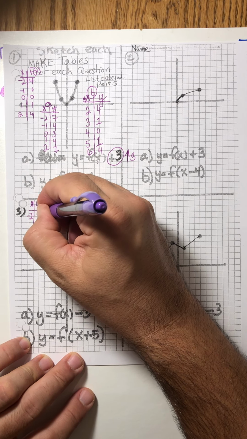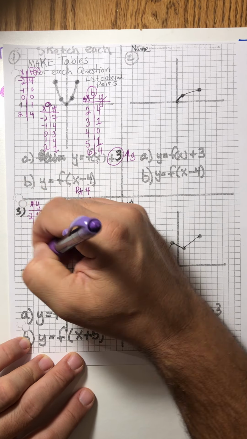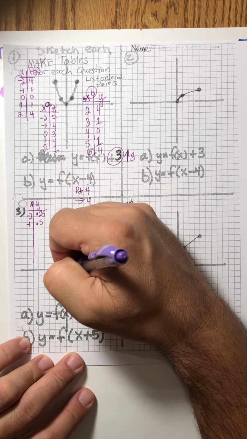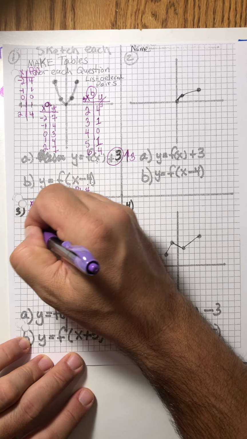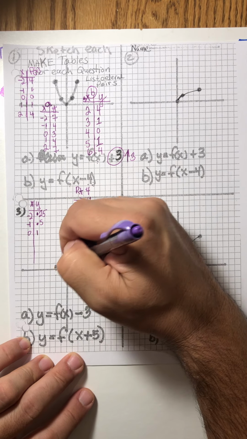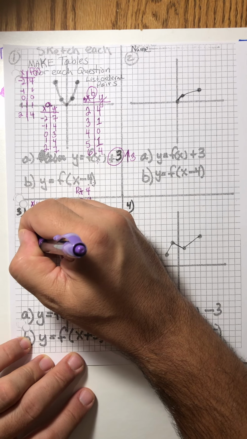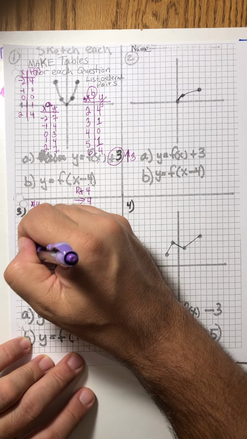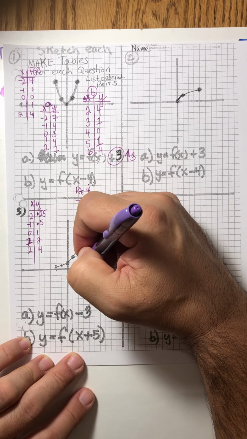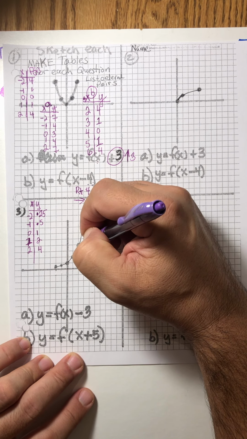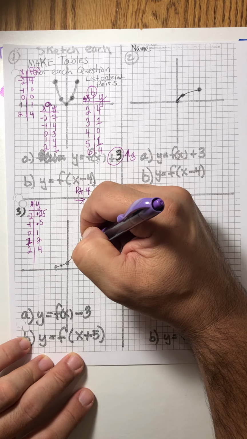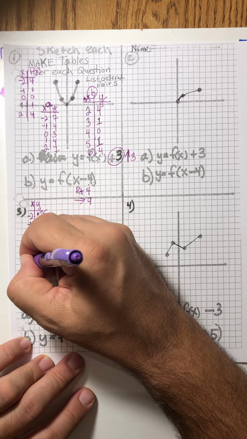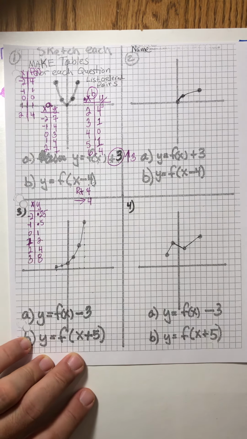I'm going to call it 0.25, and then over -1 up 0.5, then over 0 up 1, over 1 up 2, over 2 up 4, over 3 up 1, 2, 4, 6, 8. So over 3 up 8.